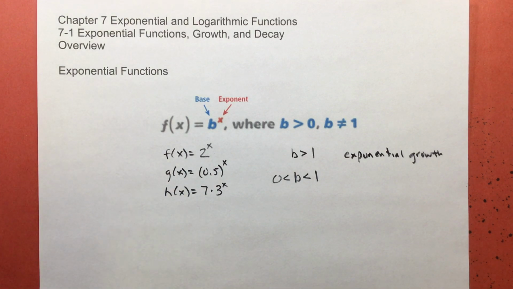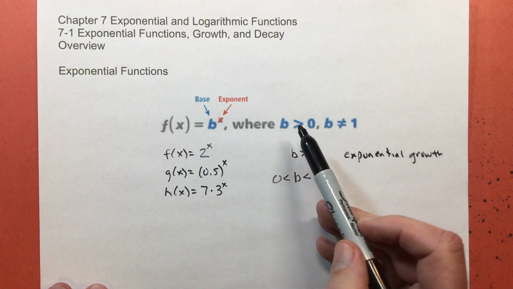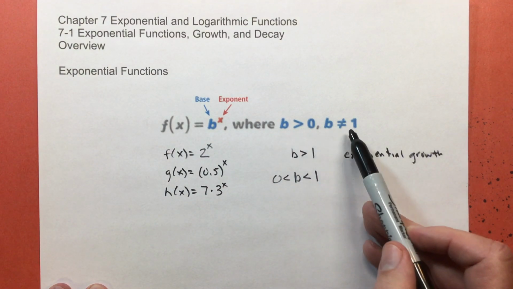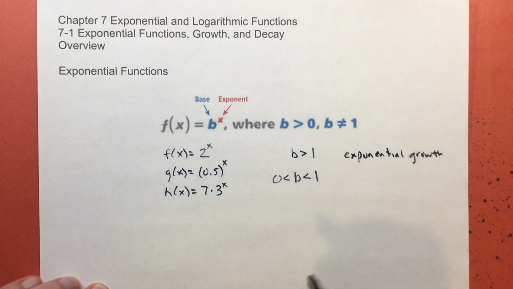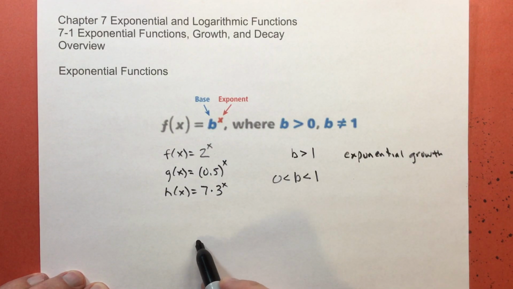When I graph a couple of examples in just a moment, we'll show you what the graph of exponential growth looks like. Okay, so b cannot be negative. We don't let it equal 1 because that's trivial. And if it's bigger than 1, then it becomes exponential growth. I'll draw a number line to show you what I'm talking about.